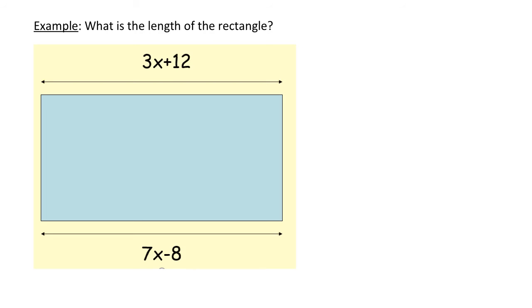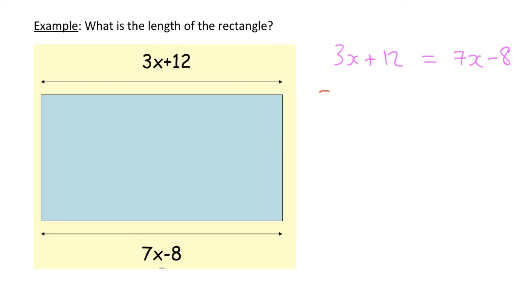And in this last example, what is the length of the rectangle? Now what we know in a rectangle is that the opposite sides are equal. So what we can say then is that 3x plus 12 must be equal to 7x minus 8. We've got x on both sides, so we need to see where there is the smallest number of x, and that's going to be on the left hand side, so we need to try and get rid of that.